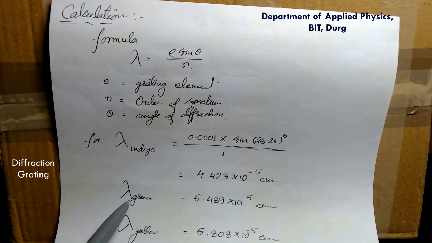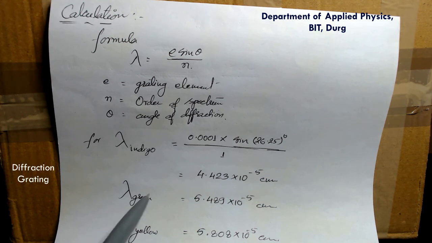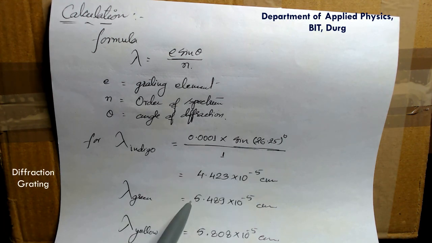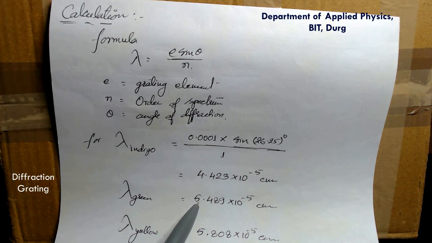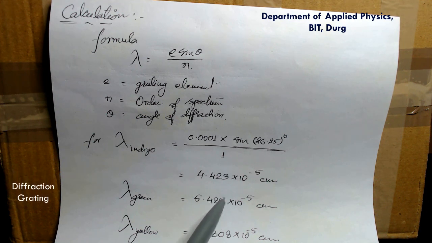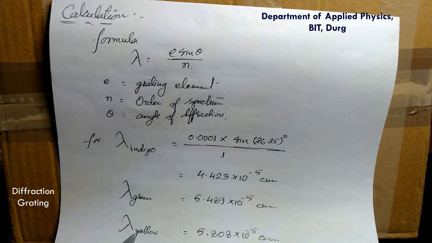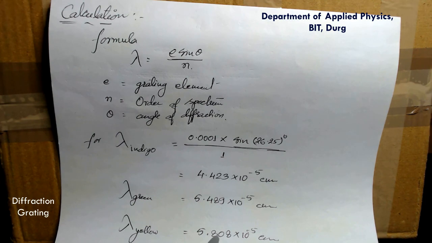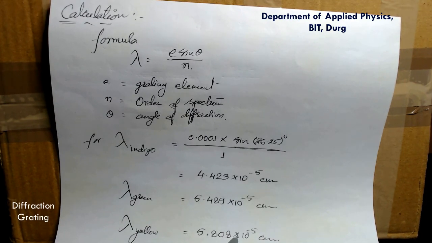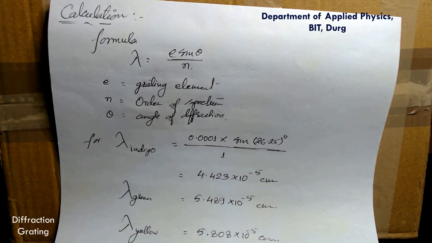Similarly, when we calculate it for green, putting the value of theta for green, the wavelength comes to be equal to 5489 angstrom, and when calculated for yellow, we get the value to be equal to 5808 angstrom, which is very near to the exact value of the wavelength of the different color.